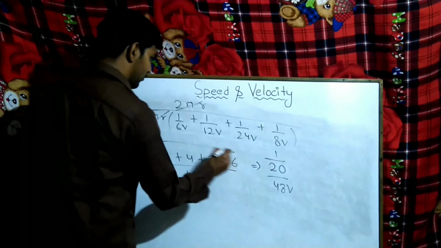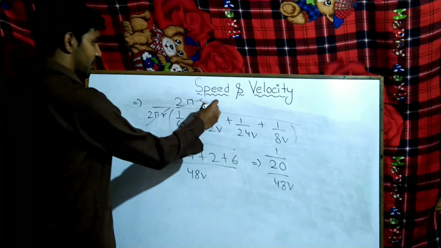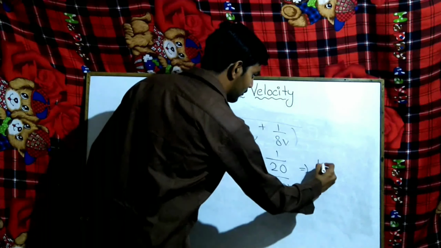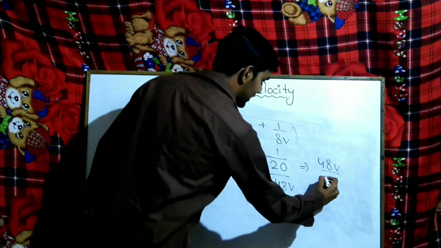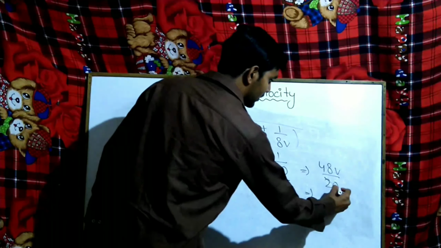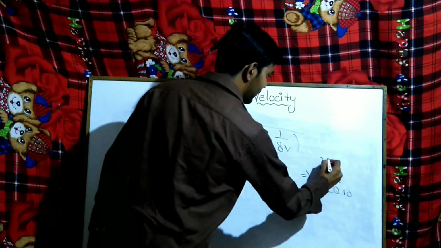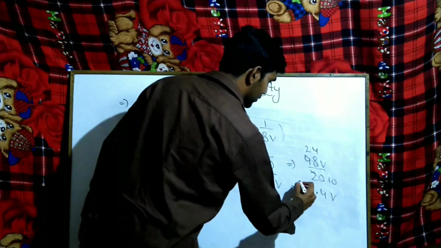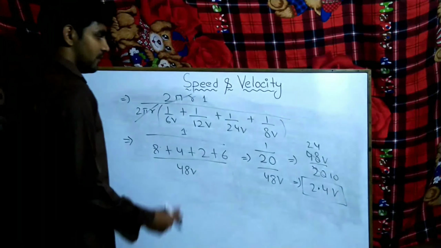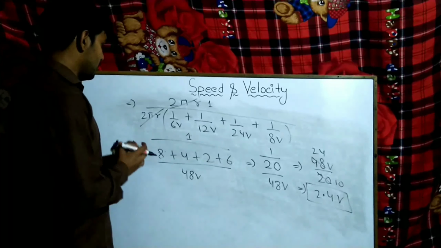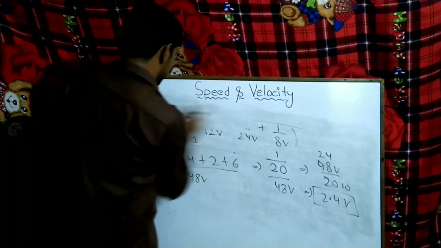The upper 1 is there, because this is 1. Now if we reverse, then 48v by 20. You get this 10, this is 24. So 2.4v. You get 2.4v. Okay, clear?